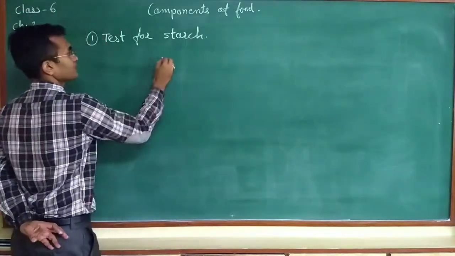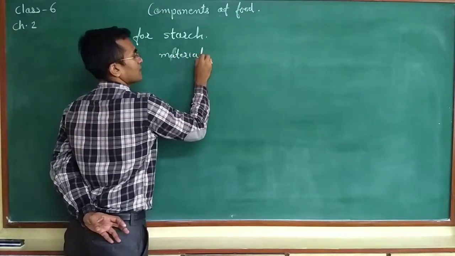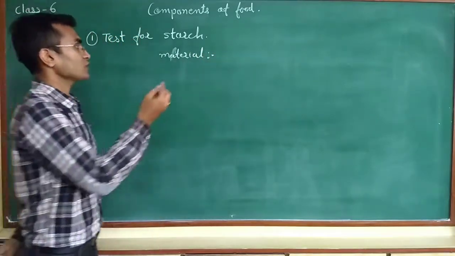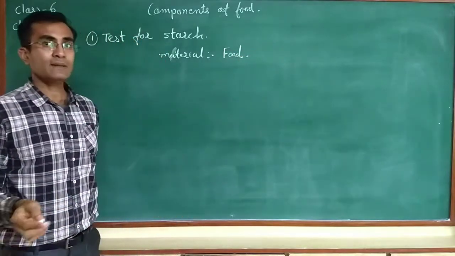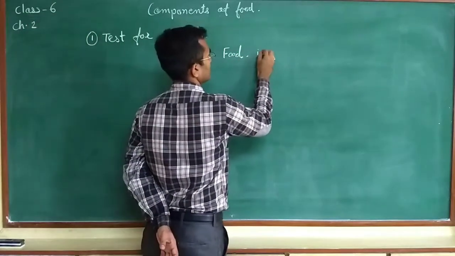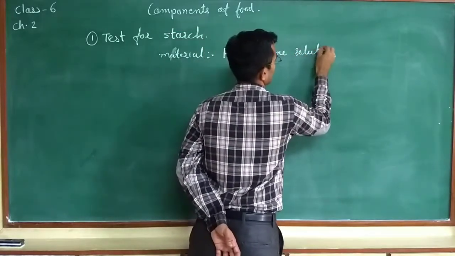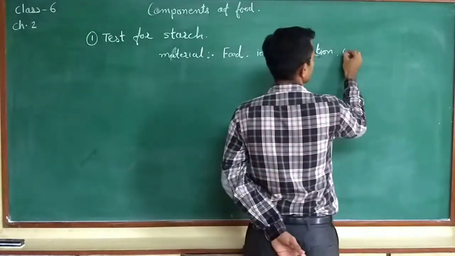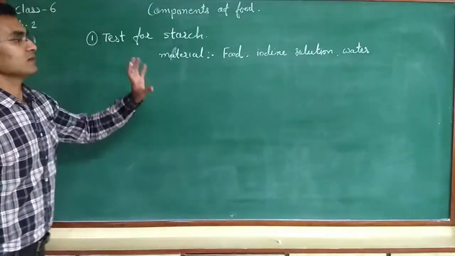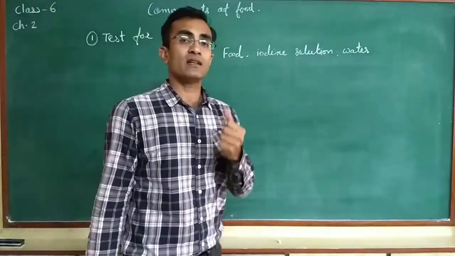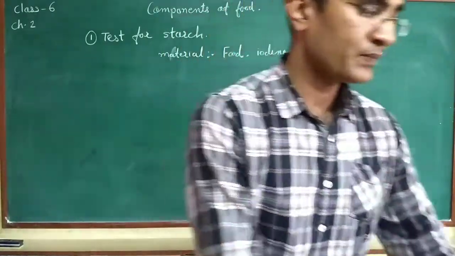The materials we need are the food substance which we need to test, then iodine solution, and water. So these three things we need if we want to check whether starch is present in the food or not. So we will start that.